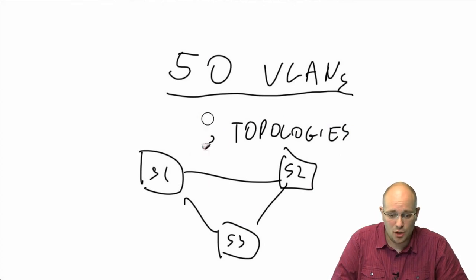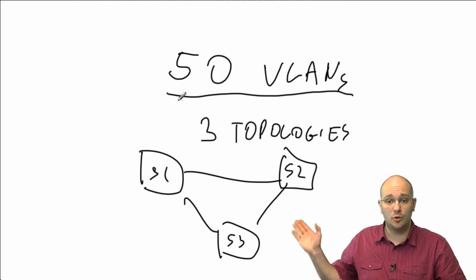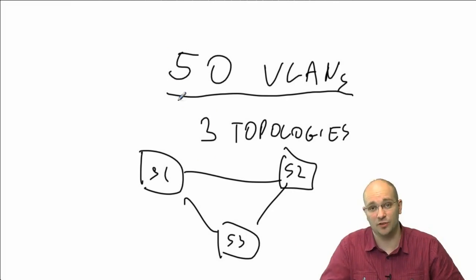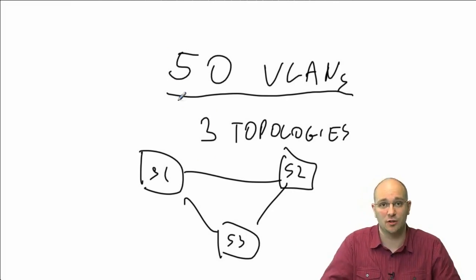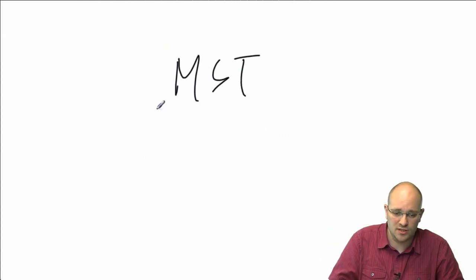Only 3, not 50. But with Cisco's approach with per VLAN spanning tree, what we are going to end up doing here is running 50 different instances of spanning tree to come up with just 3 topologies. And this precisely is the reason why MST was invented.